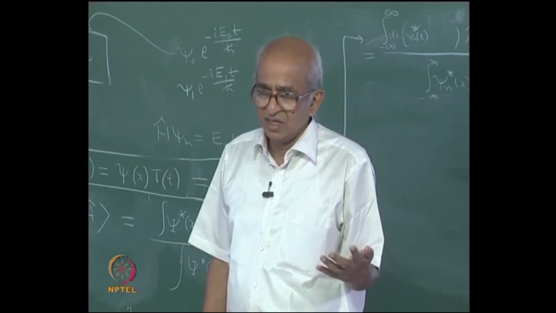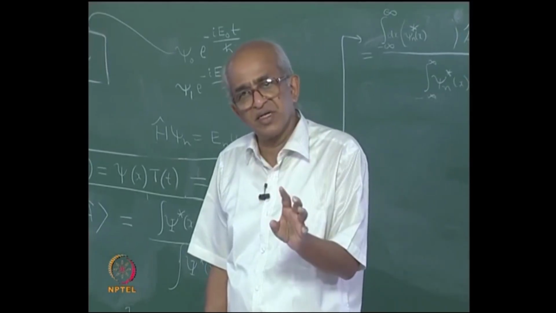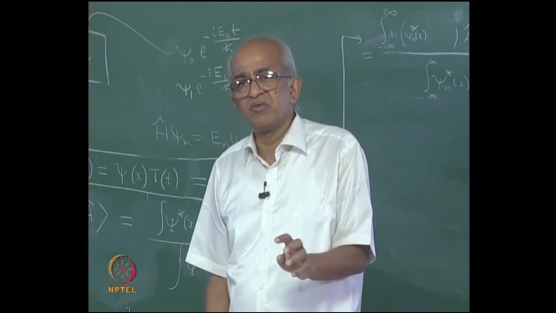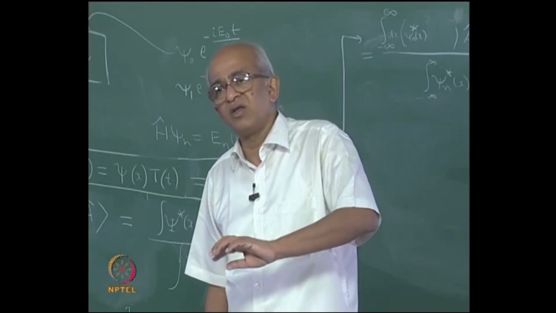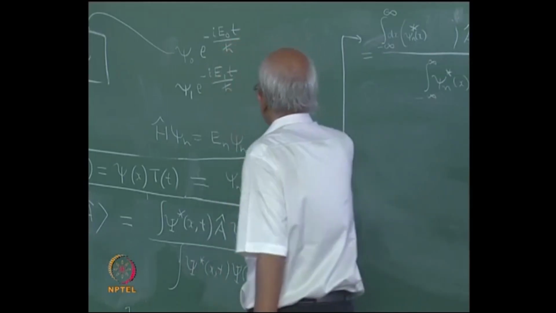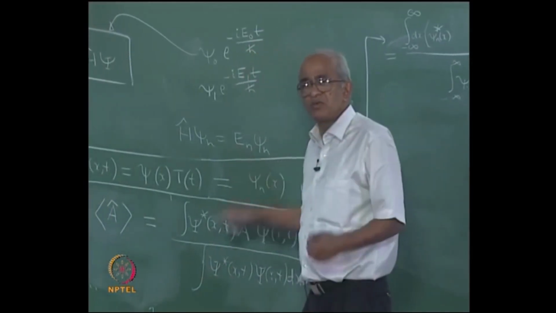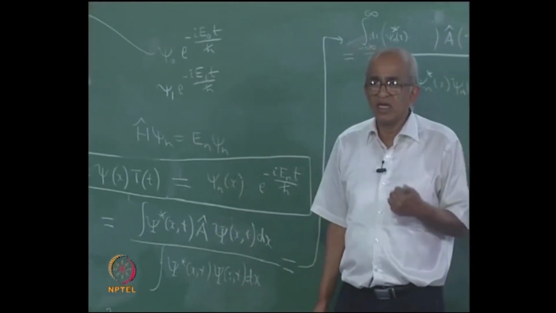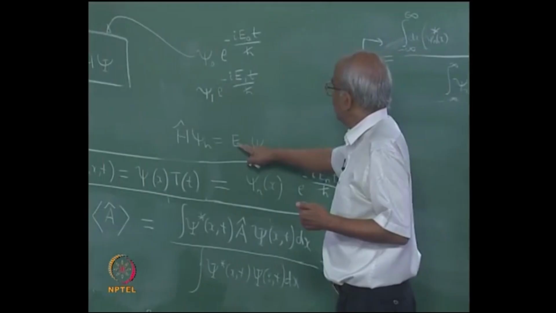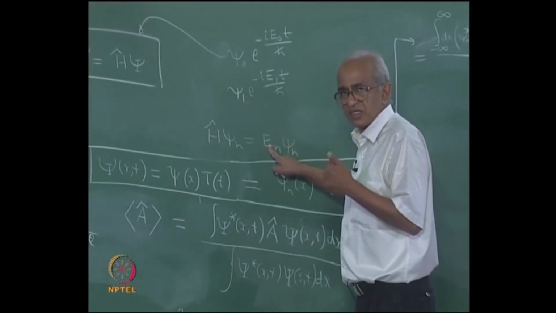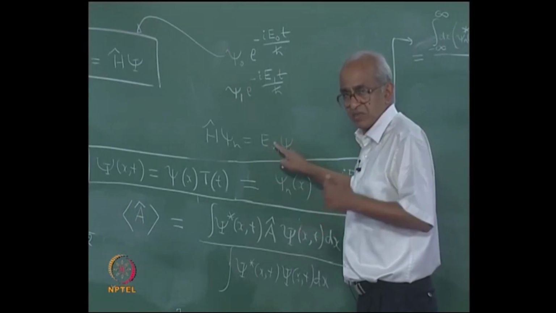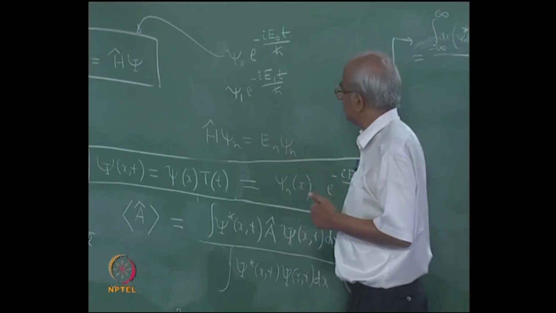energy, and therefore, if you make a measurement of energy according to one of our postulates, what would be the answer? It will be an eigenvalue of the corresponding operator. So, therefore, these are actually nothing but answers that you are going to get if you make a measurement of energy of the system, and that is the reason why I will refer to E n as the energies of the system, because if you make a measurement of the energy, this is going to be the answer.